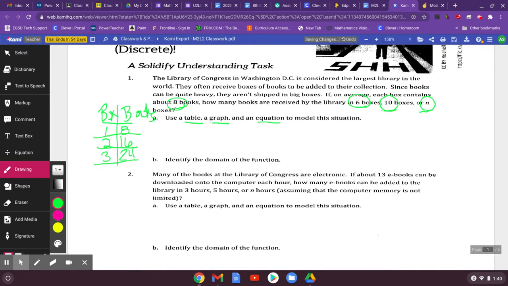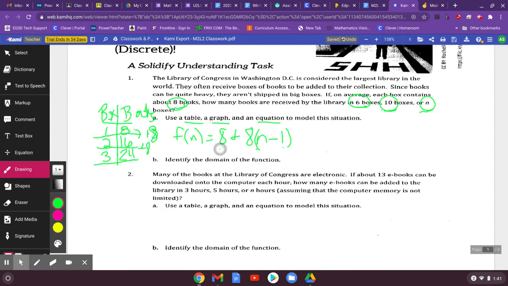So knowing this pattern, what am I doing? Plus 8. So my equation, f of n equals my starting value, 8, plus what am I repeating continually? Adding 8, and I'm going to do n minus 1 because my first term is an 8, so I started with my first term.